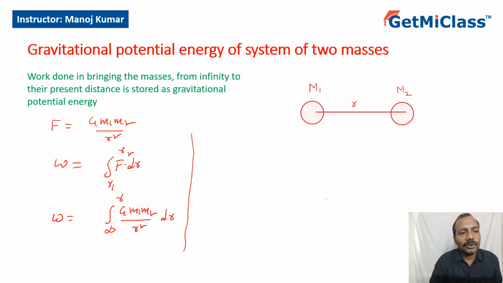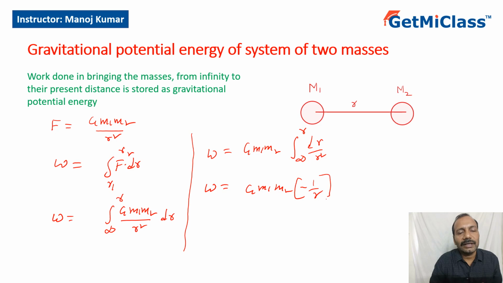So from this, what do I get? I get work done equals, I can take G m1 m2 outside, and I'll be left with the integral from infinity to r of dr by r square. The integration of 1 by r square is minus 1 by r, from infinity to r.